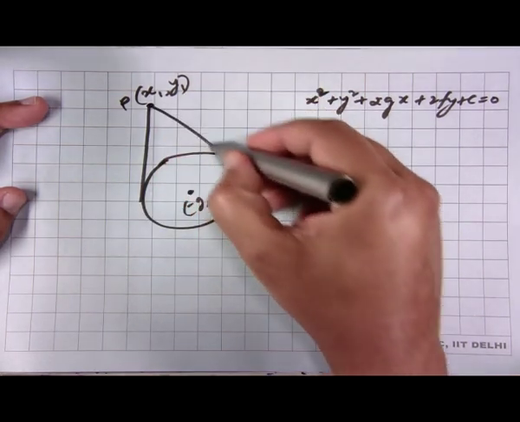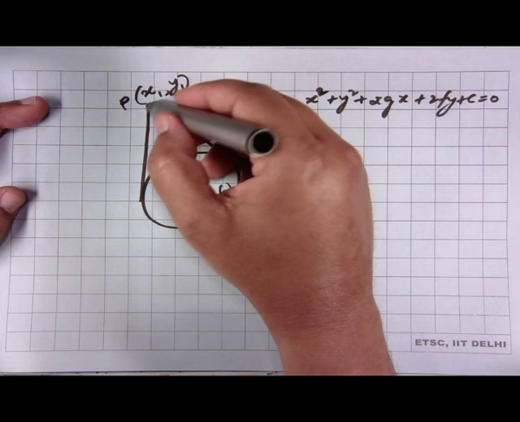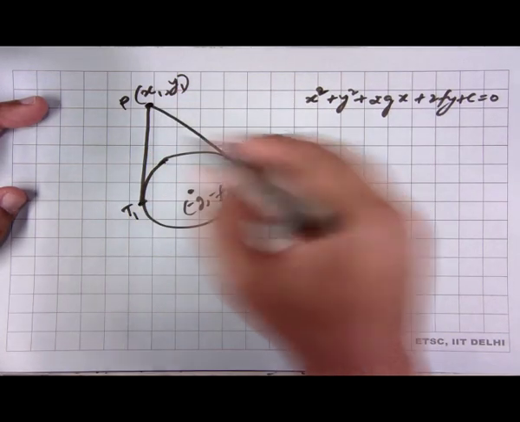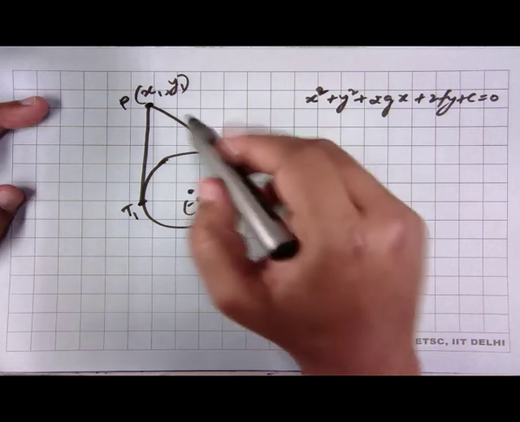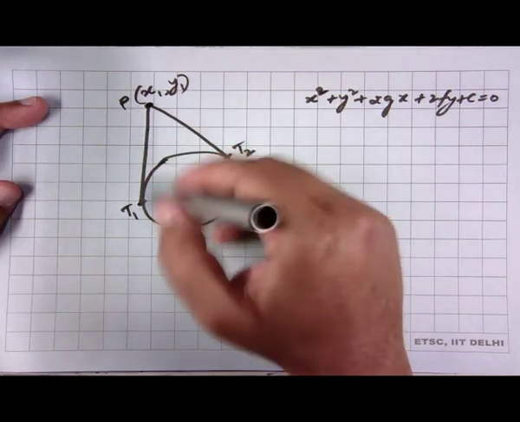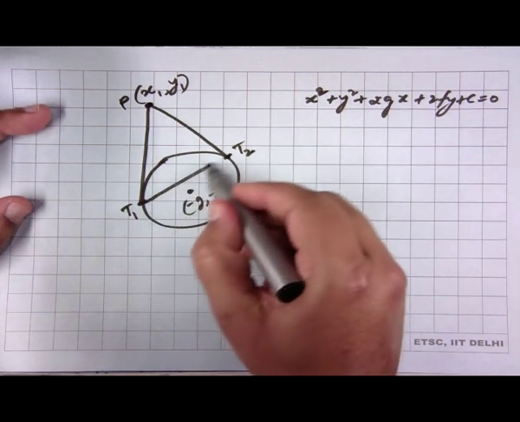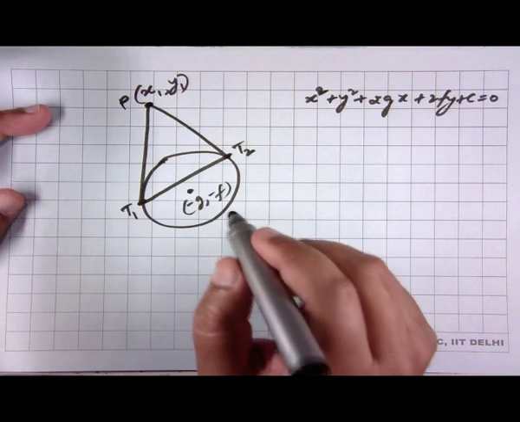So, clearly there are two tangents P T1 and P T2 from the point P to the given circle, and if we join T1 T2, it is nothing but a chord.